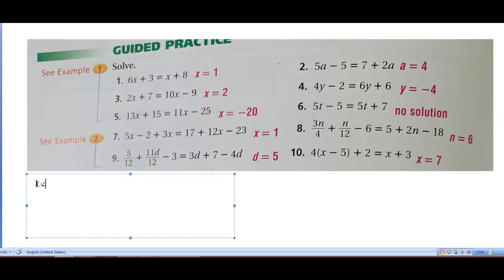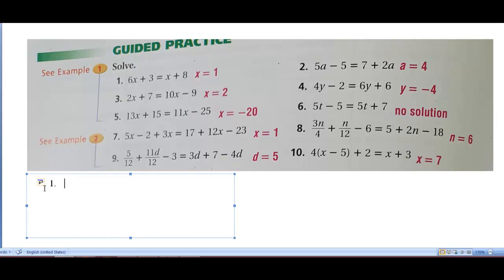6x plus 3 equals x plus 8. I want to find the value of x. What will we do? We will combine the like terms. On one side we don't have like terms, but we have a variable on both sides, and this is the difference between this lesson and other lessons.